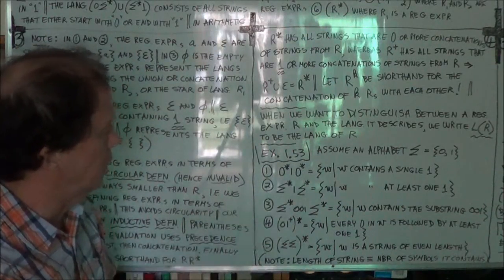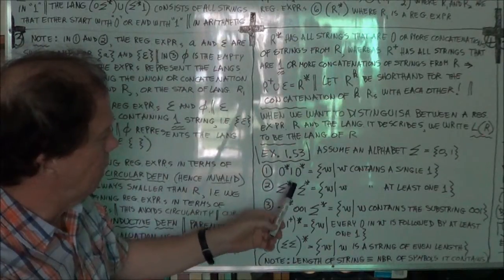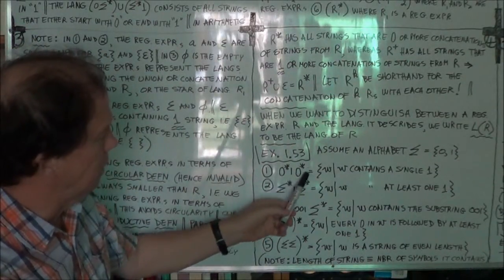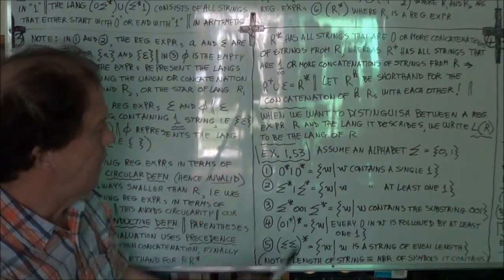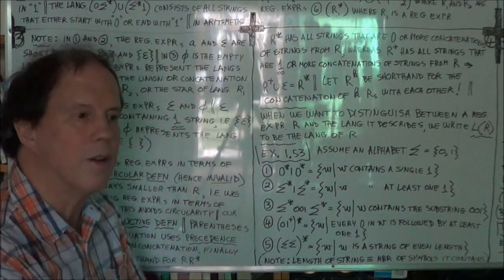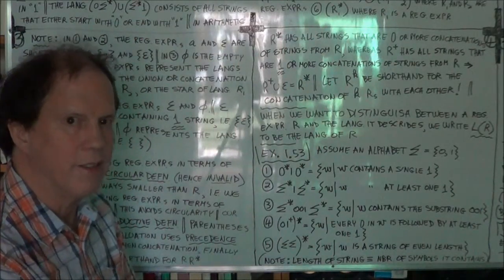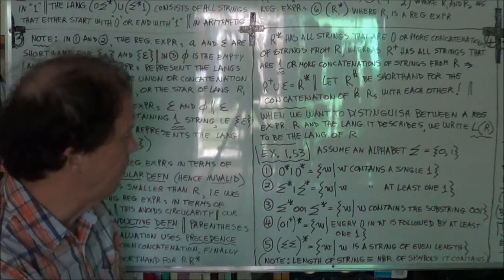So you concatenate with a 1, and then you concatenate with a set, 0 star, so it could be 0 or any number of concatenated zeros in each string.